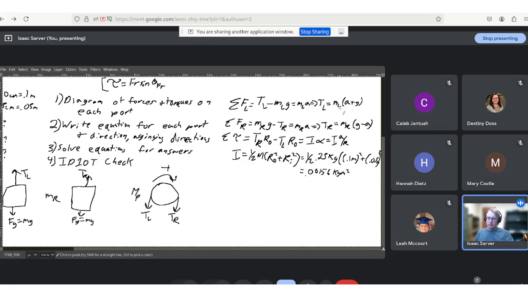What I really care about right now is the fact that T_L is going up and T_R is going down, but acceleration is going opposite because the L and R are going opposite. But the g's are both positive. So I'm hoping that makes perfectly good sense. Alright. So now I can take these and shove them into here.